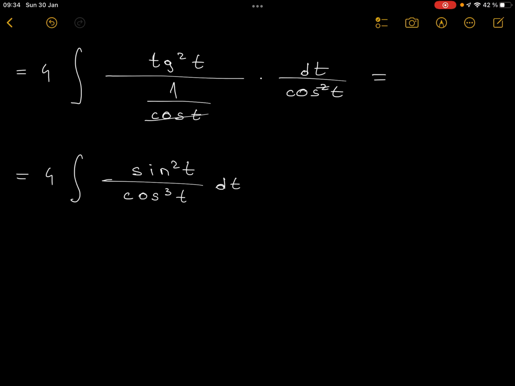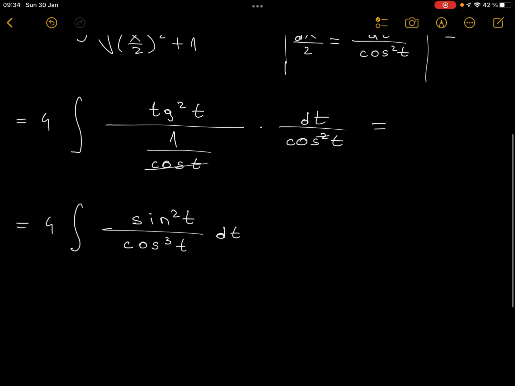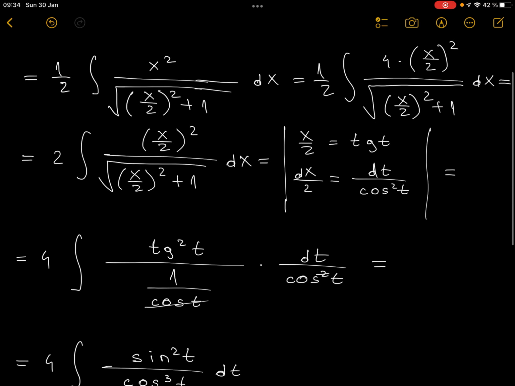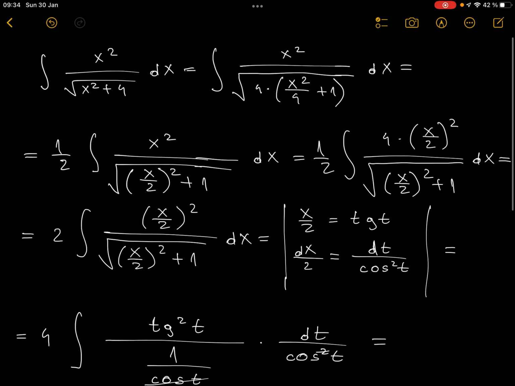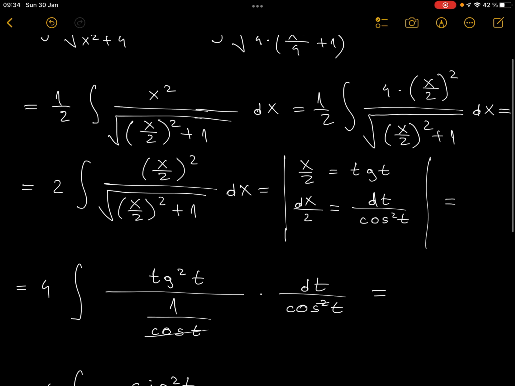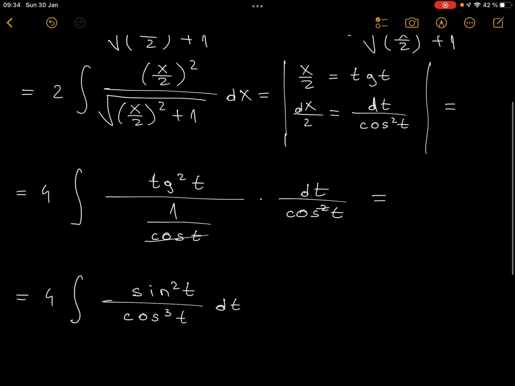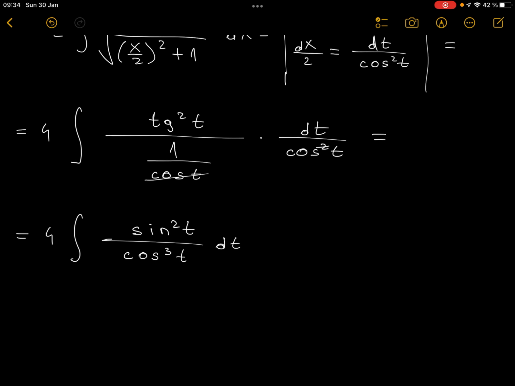Okay. Now, how do we go about solving this integral?